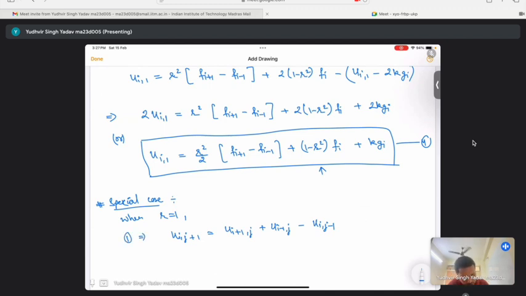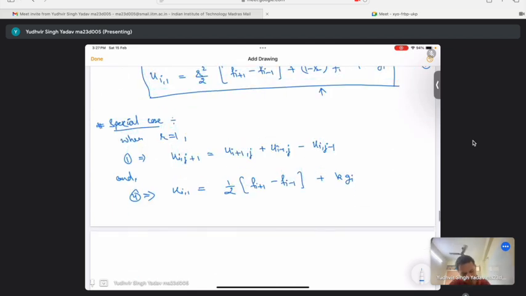This is what we get from equation 1, the very initial difference scheme that we have just constructed. And from this reduced difference scheme number 4, we will get u i,1 equals 1 by 2 times f i plus 1 minus f i minus 1, plus k times g i. So this is a special case whenever we have r equals 1.